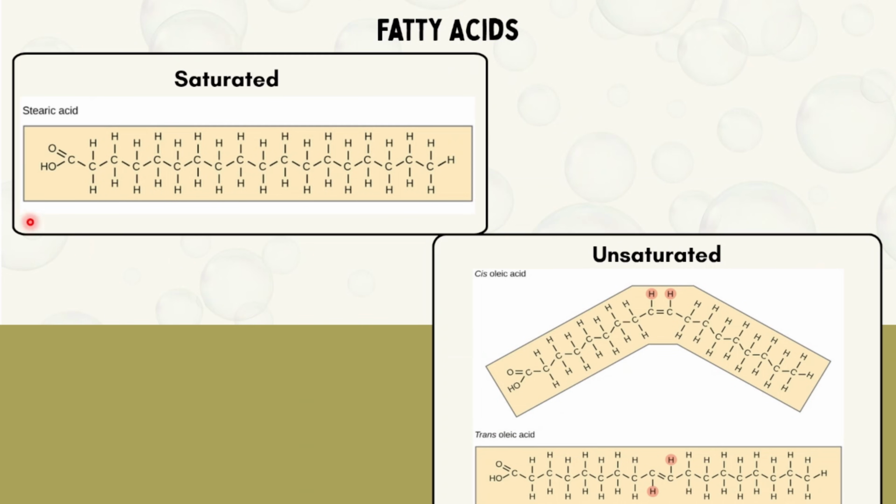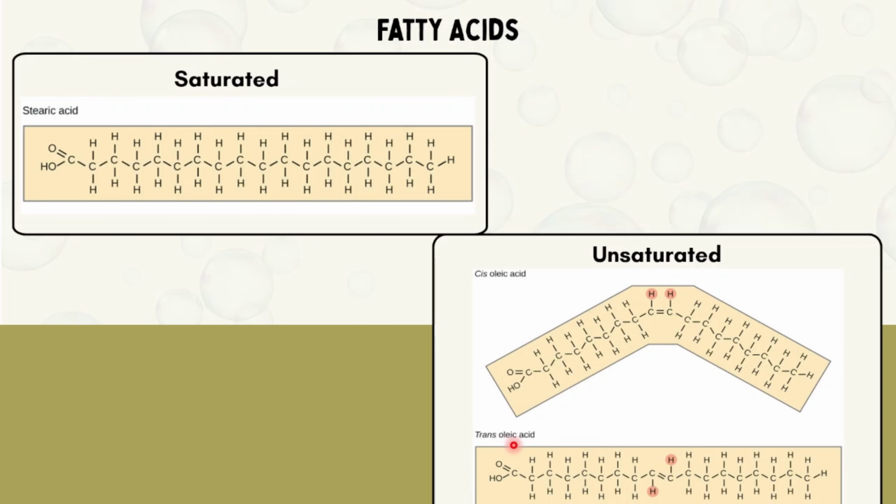So here we see a typical example of a saturated fatty acid, like stearic acid, which has 18 carbons. So this is your carboxylic group and your long hydrocarbon chain. Now, under unsaturated fatty acids, they may be cis configuration or trans configuration. In the cis configuration, the hydrogen bonded to the two carbons where the double bond occurs are both on the same side. So you can see the two hydrogen groups on the same side.